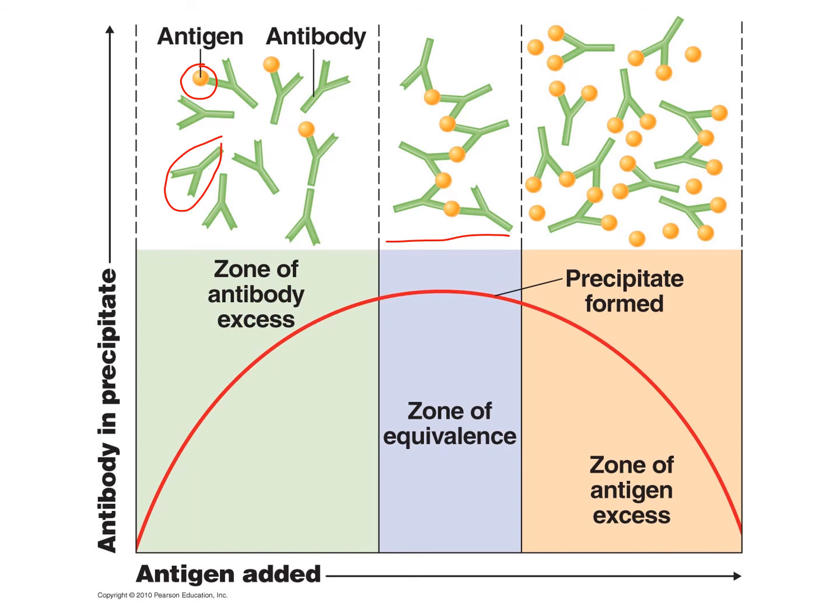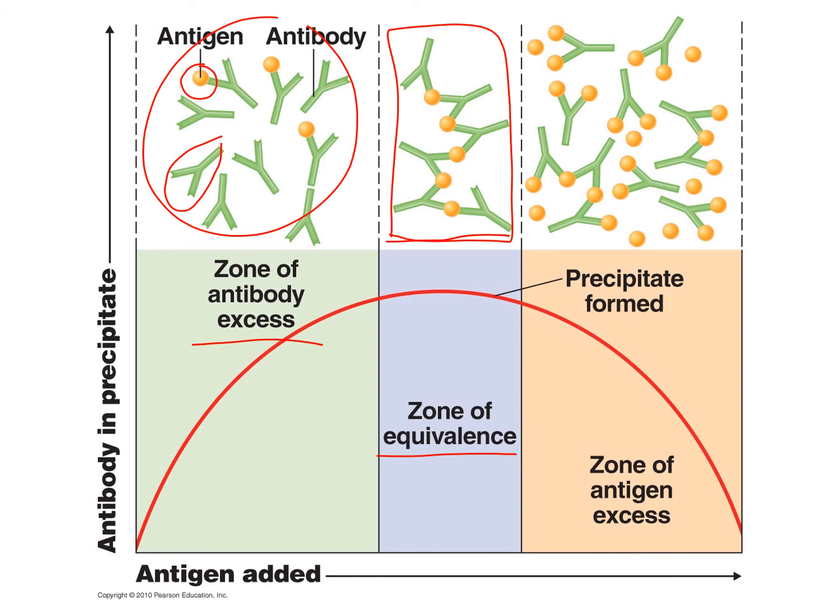For a precipitation reaction, it is concentration dependent. So you need to get to a particular concentration where you have a zone of equivalence, where the concentration of antibody and antigen is in balance and you get these clumps forming. If you have too much antibody, you won't get the clumping. If you have too much antigen, you also won't get the clumping.